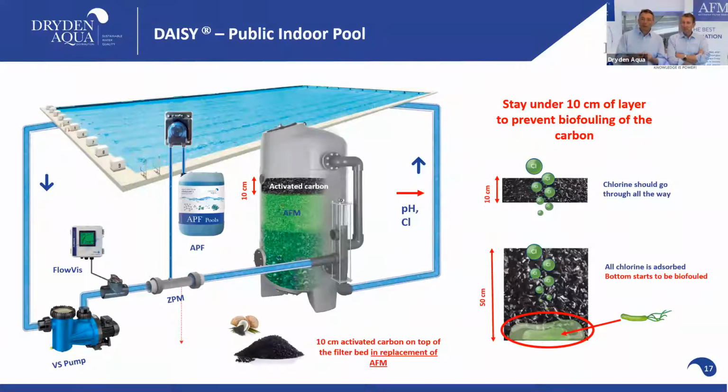They go into the pores, and then you form biofouling. And this is not what we want. So 10 centimeters is enough. We want to still have a little bit of chlorine below this. Also, if you only do a 10 centimeter layer, you lose maybe 50% of the chlorine, roughly. It depends a little bit on the flow rate, etc., but roughly 50%. We do not want to lose 100%. So this is the solution to do it.